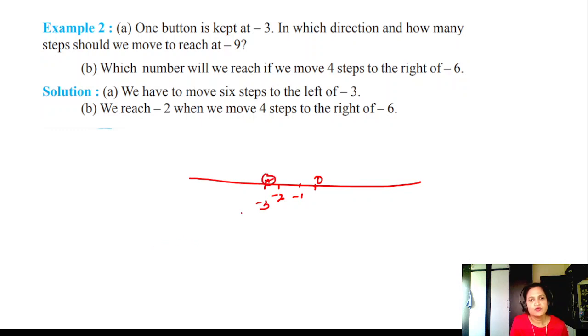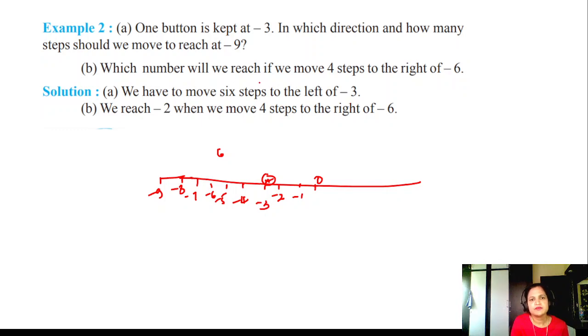To move to the minus 9 position: minus 4, minus 5, minus 6, minus 7, minus 8, minus 9. That means how many steps? 1, 2, 3, 4, 5, 6. That is 6 steps. We have 6 steps to the left of minus 3.